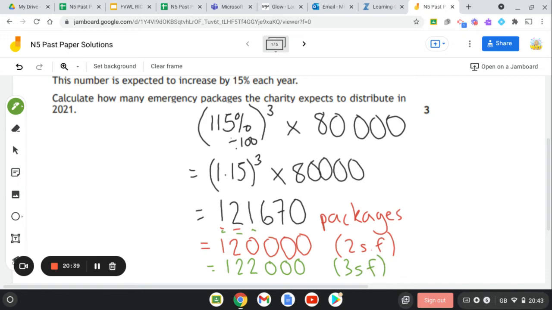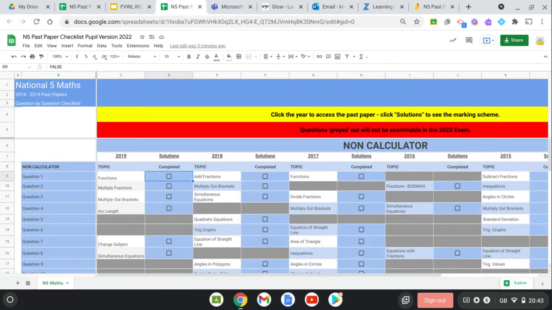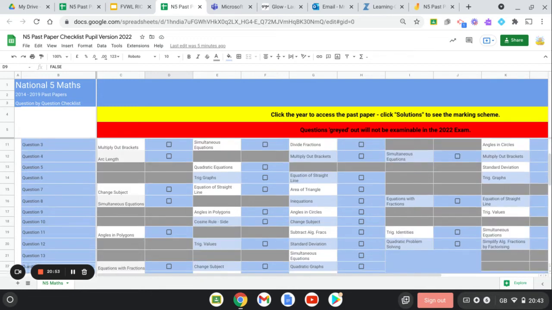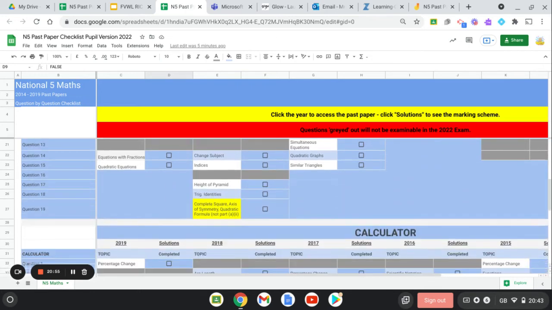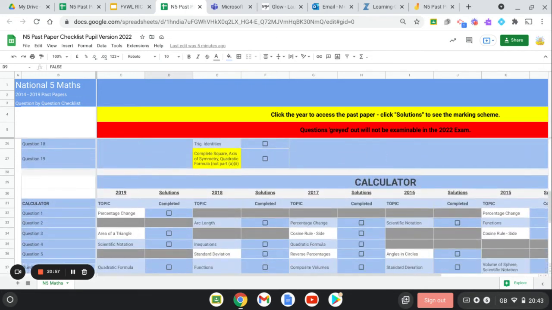Once you've completed that, you could go back to your past paper spreadsheet, and we looked at question number 1 on the 2019 paper. It would just be a case of scrolling down there, tick it, I'm happy, I'm confident, I'm ready to go and look at a different topic.